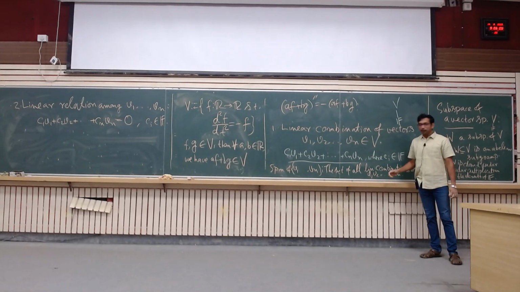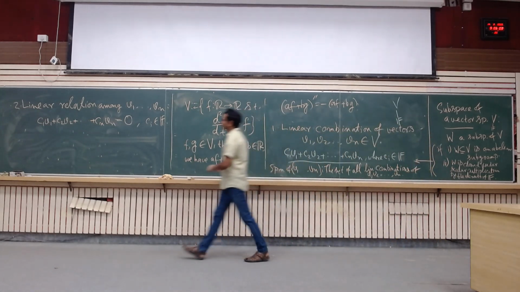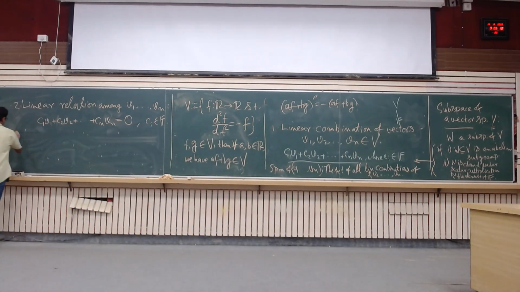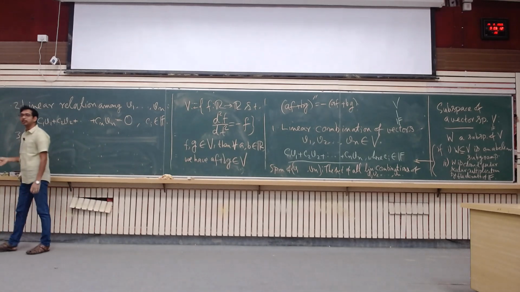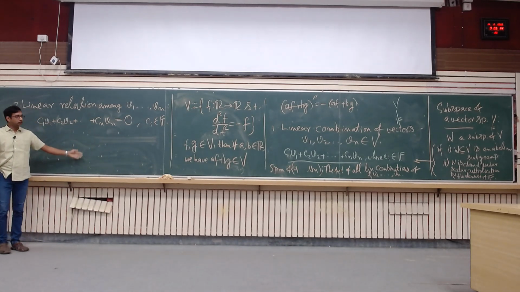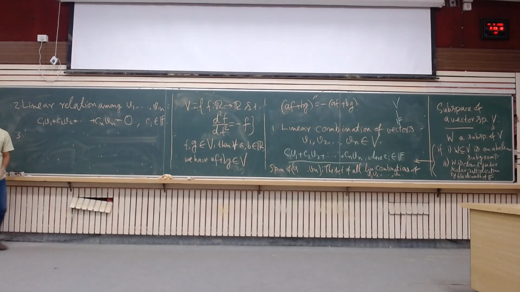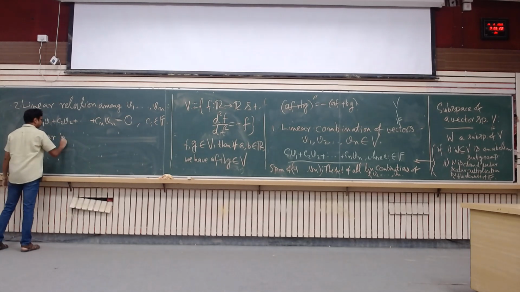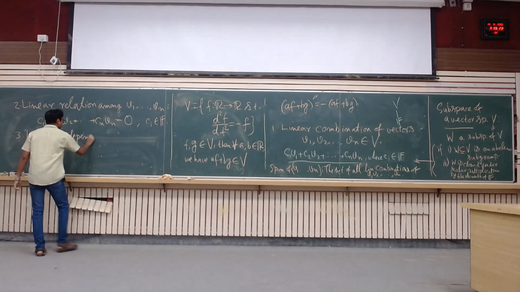And then the next thing that we are going to define is also a rather important thing. Throughout the course, we will use these terms span and linear independence. So please pay attention to this. Linear independence.